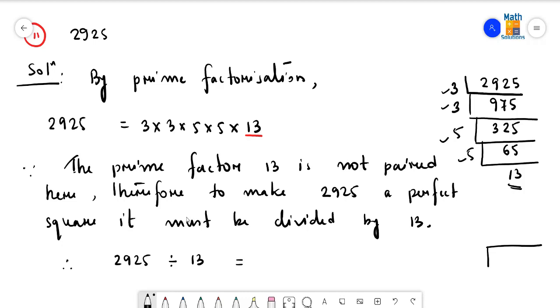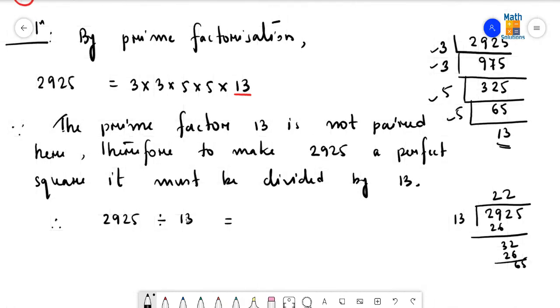We should get the result 225. So 2925 when divided by 13, 13 2s are 26, then 32 is left, again 13 2s are 26, then after 65, 13 5s are 65. So our answer becomes 225.